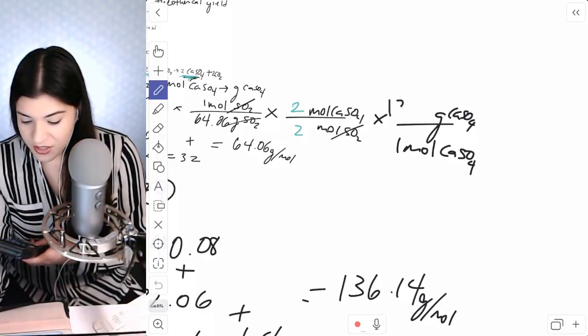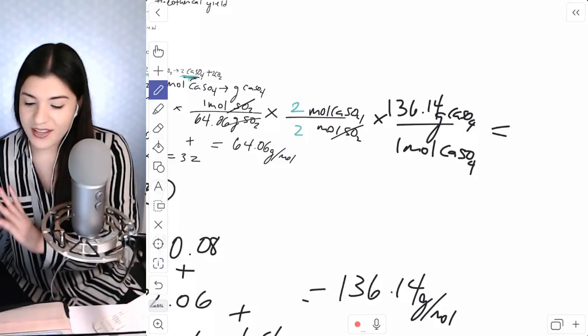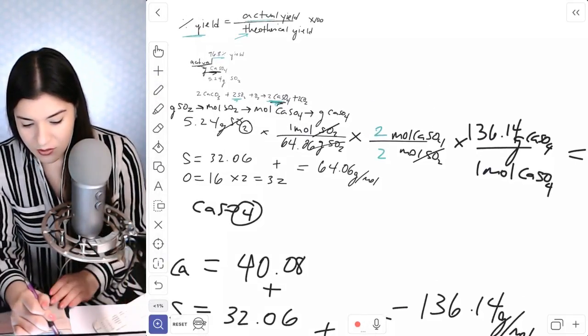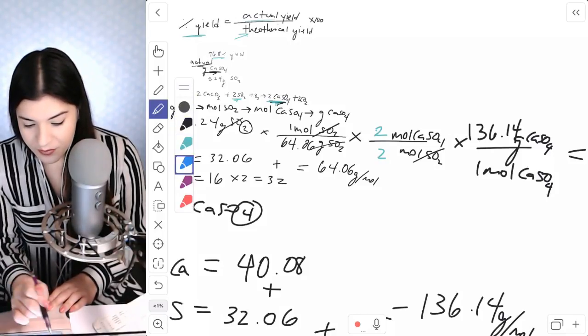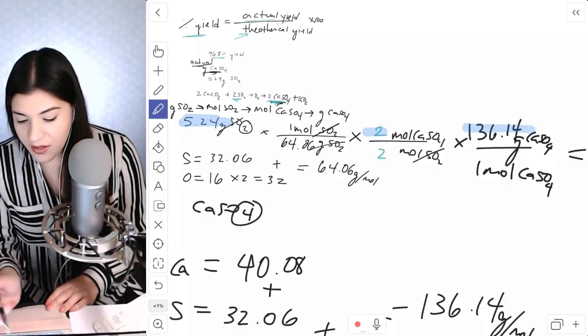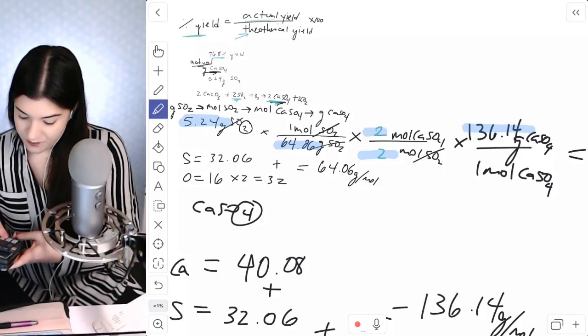So I'll put the molar mass that we just found, and then we'll multiply everything out, and that would give you your theoretical yield, and then we'll keep going. So let's multiply everything out. I'm going to multiply the 5.24 times the 2 times this value, and then divide by these two, and then we'll see what that gives us.